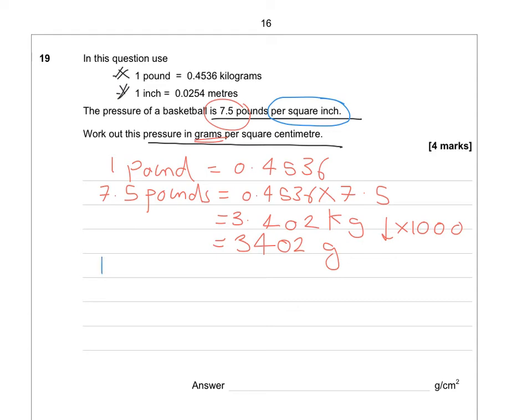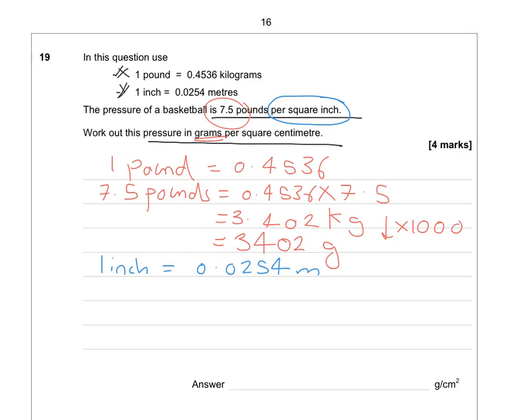So we know that 1 inch is equal to 0.0254 metres. Now our final answer has got to be in square centimetres, so it makes sense to convert this calculation in metres into centimetres by multiplying by 100. So that is 2.54 centimetres.